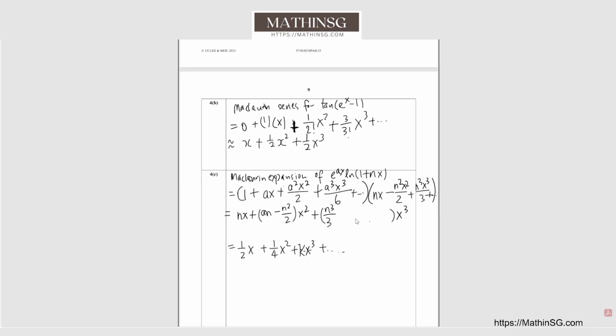Then to get x cubed, I can also take ax times negative n squared x squared over 2, so it gives me negative an squared over 2. Then also to get x cubed, I can take this term multiplied by this term here, which will give me a squared n over 2 x cubed.